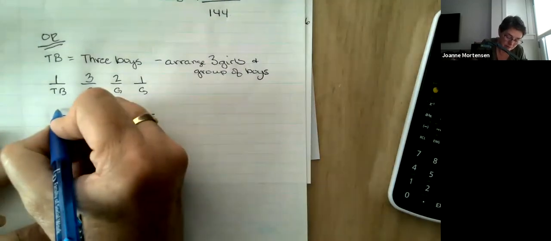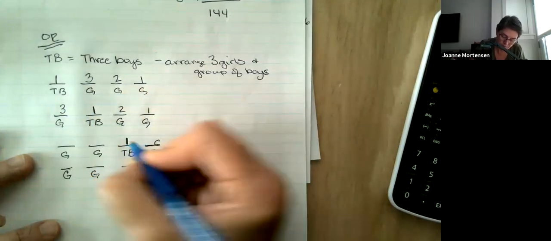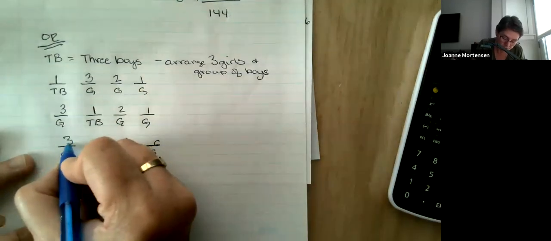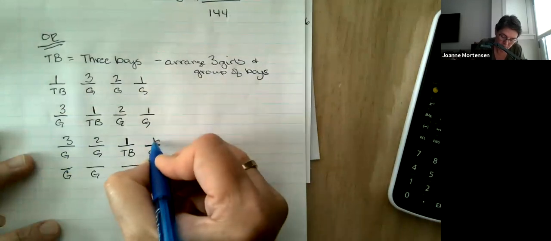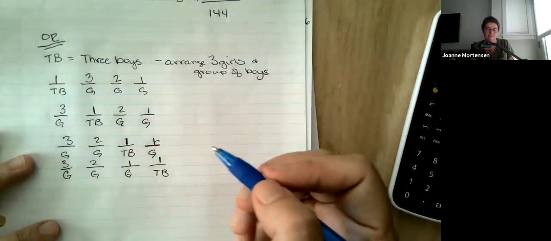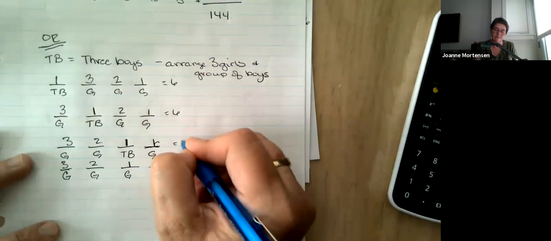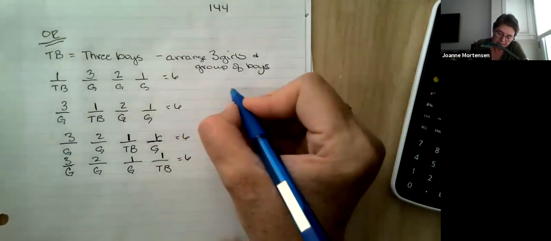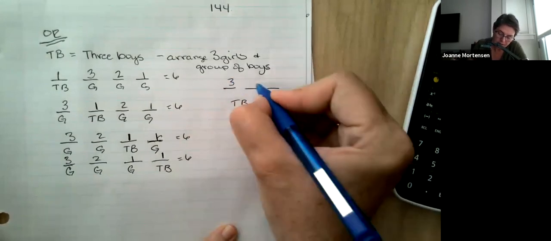And then this is 3, 2, 1. 1 boys, 1 group, 1 group. And then 3, 2, 1, 2, 1. So each of these, oops, that looks like it's going to be 6, and 6, and 6, and 6. But then those 3 boys, 3.